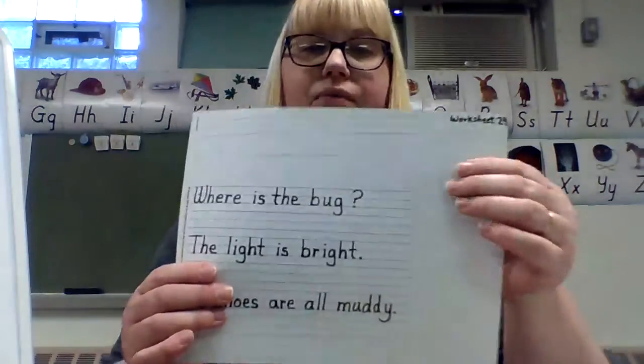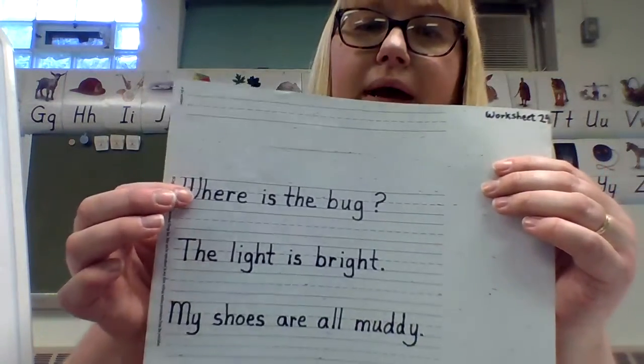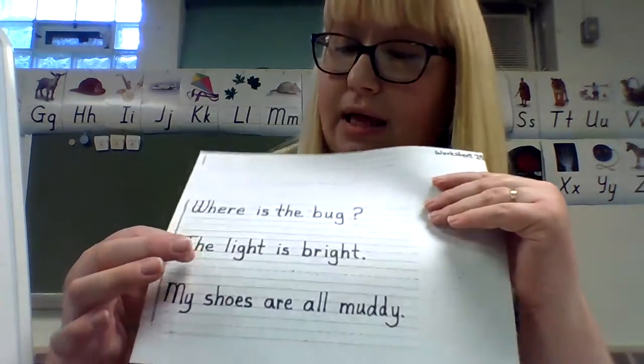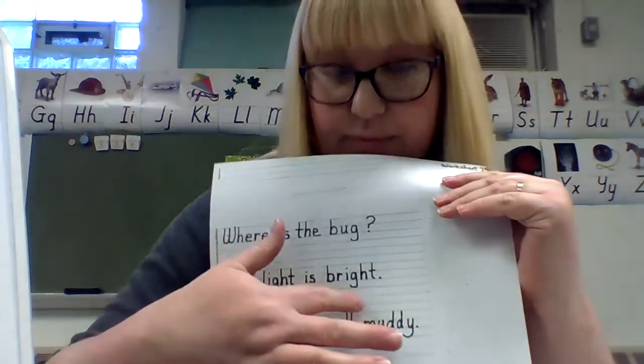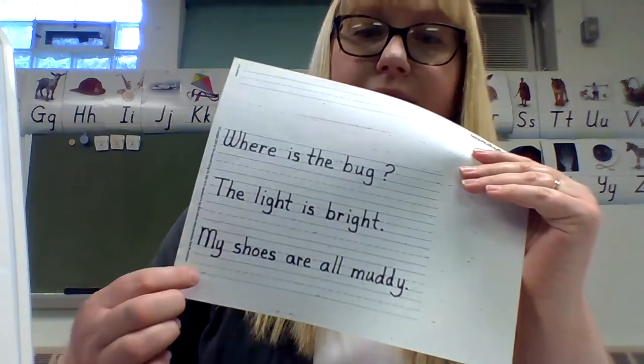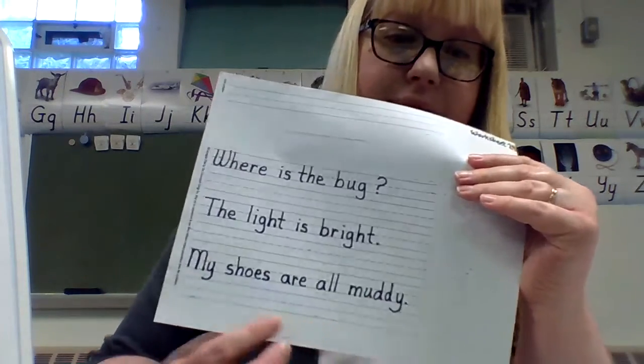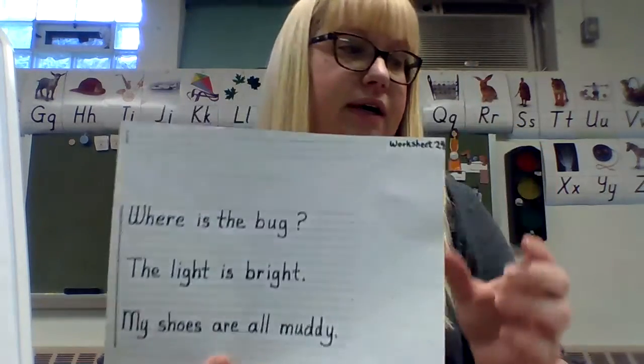All right. And handwriting. Worksheet 24. Where is the bug? The light is bright. And we have my shoes are all muddy. Okay, you're going to do that.